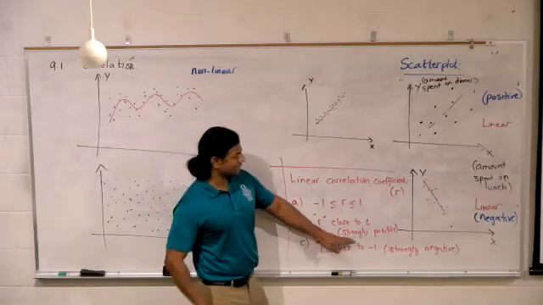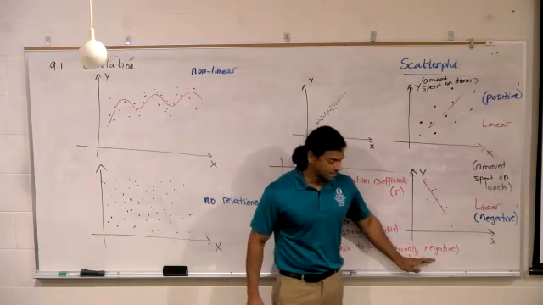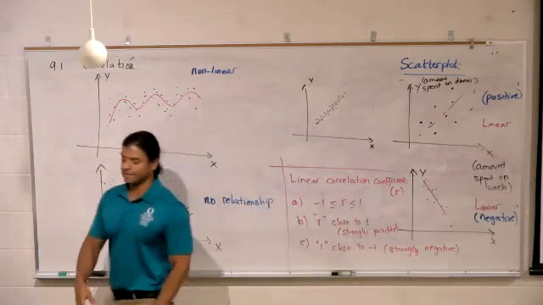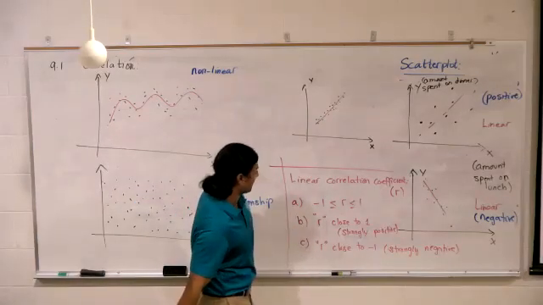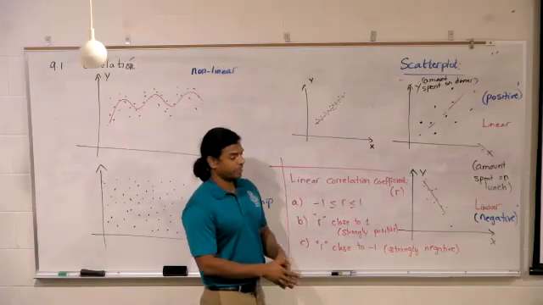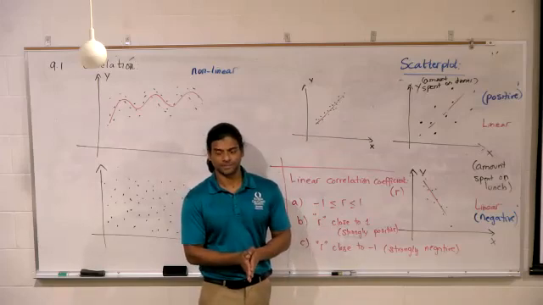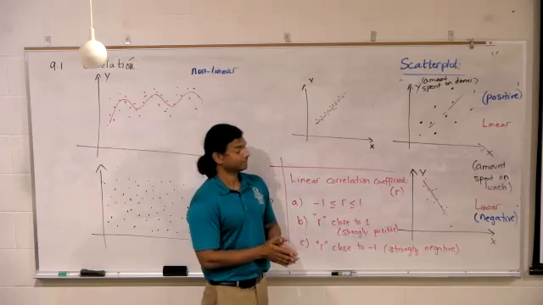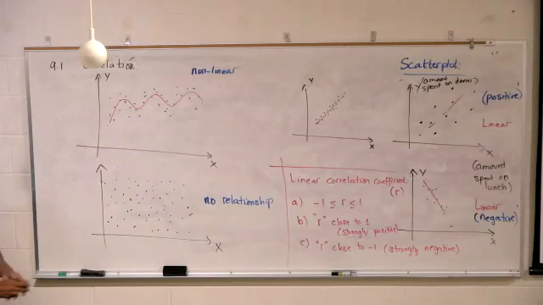So it has to be close to 1, maybe about 0.85. In a similar manner, about negative 0.85 would be strong negative correlation. What if we are close to 0? No correlation. By close, I mean really close to 0.